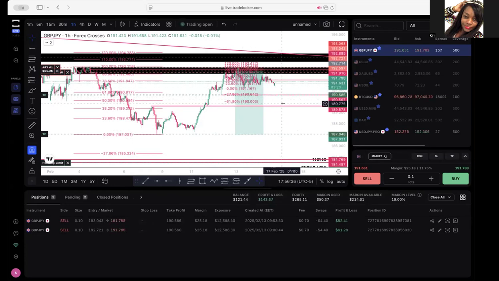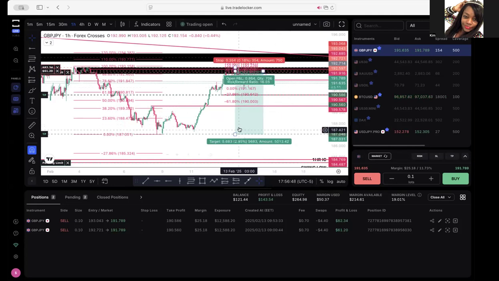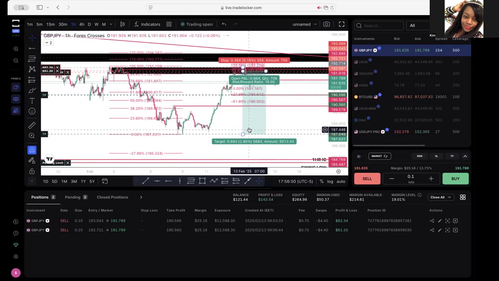Give me my TP. Look for or set the limit, which is already actually set up here, for the pullback to then continue selling down to this one.